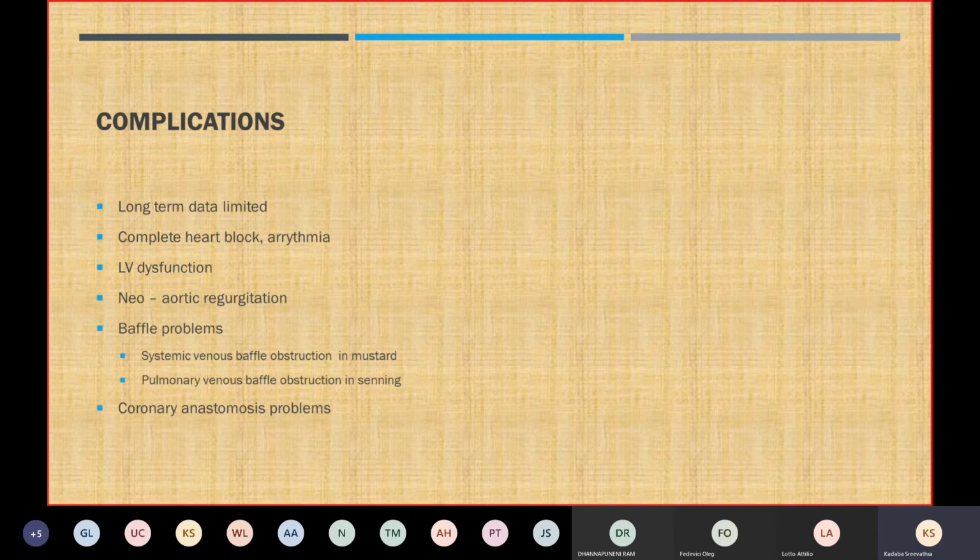Or when you're doing a Senning's, you can have pulmonary venous baffle obstruction, because you need to make sure that the path where the pulmonary veins enter the neo left atrium, passing across or posterior to the intraatrial septum, has to be quite generous, and there are various techniques to augment this as well. And again, these surgeries are not devoid of problems associated with coronary anastomosis. We can have a lot of coronary problems, either short term or in the long term as well.